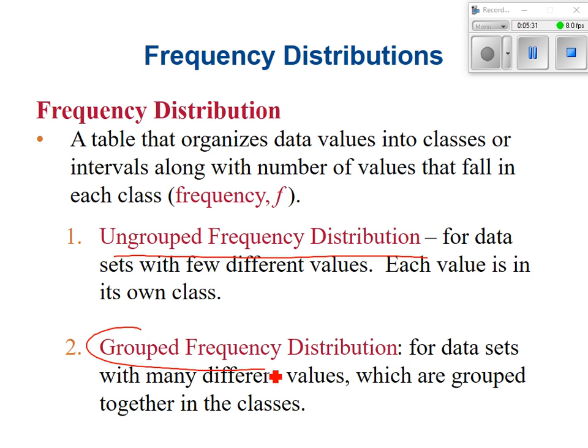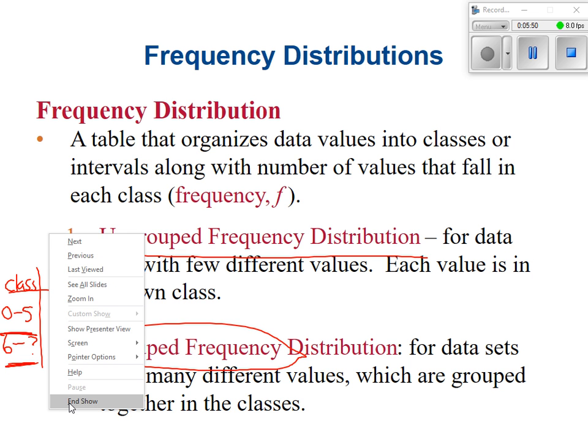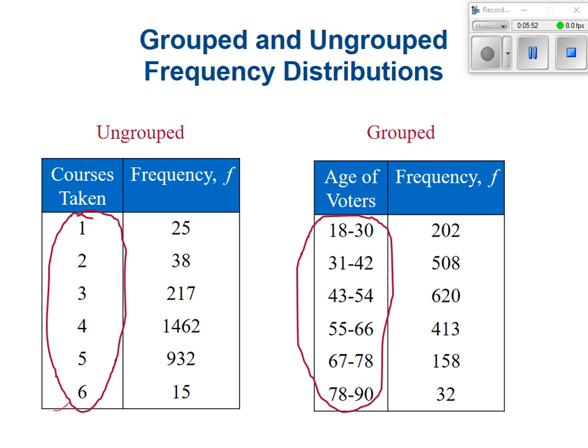Grouped is more what we'll deal with. Grouped is when you have classes, and it might go 0 to 5, and then 6 to whatever, and so on and so on. So it's grouped together in those certain classes. We'll talk about that on the next slide.